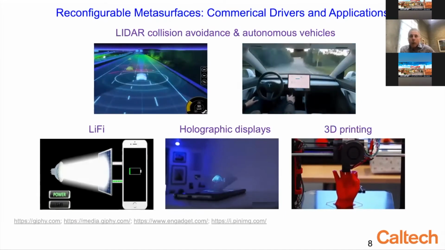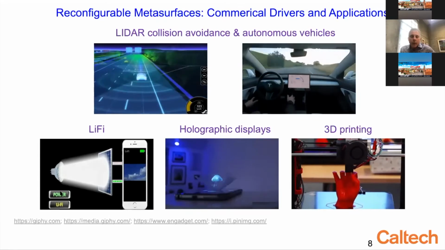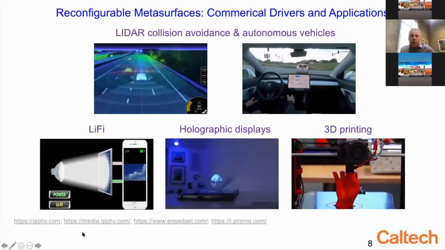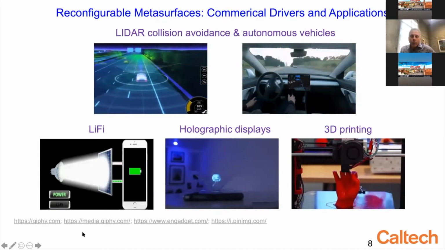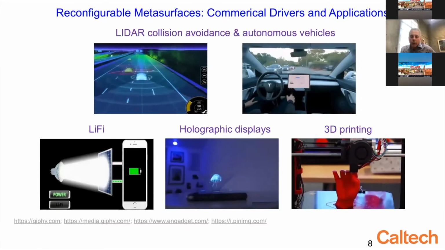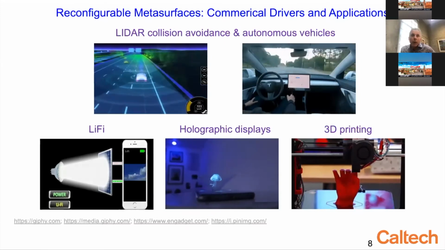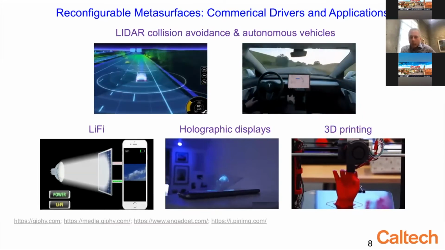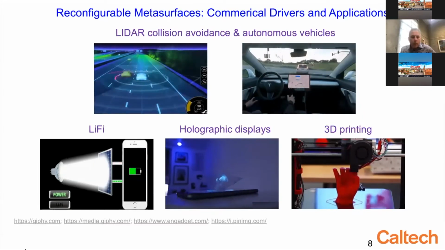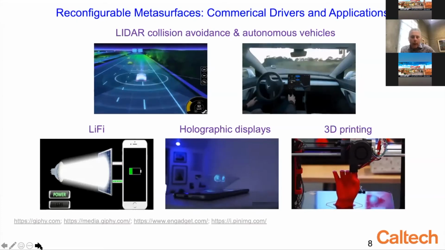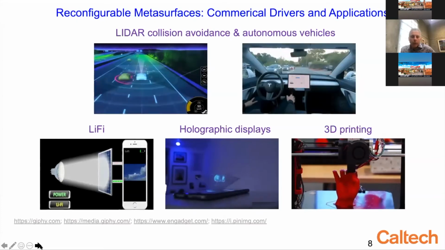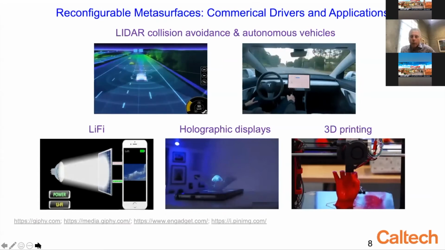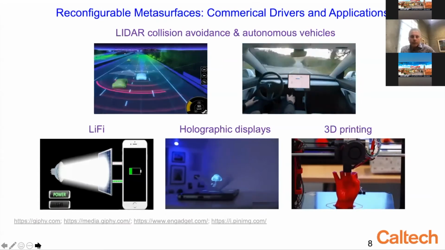But we can also use optical beams to locally heat or photoexcite and transform materials to create 3D printed structures. And being able to access power densities in the, say, kilowatt per square centimeter range, I think will enable us to create active metasurfaces that are capable of doing things that are useful for additive manufacturing.